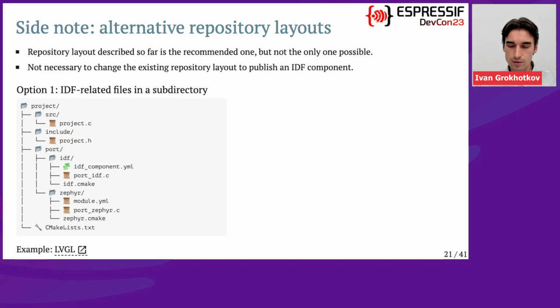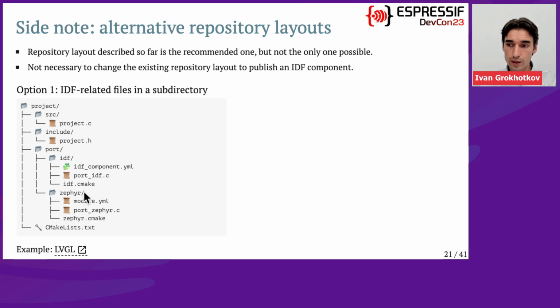In this case, you may already have source files and include files in specific locations in the repository. And if you need to add support for ESP-IDF and publish into the IDF Component Manager, then you can keep all the IDF related files in a subdirectory. In this case, you may have some maybe IDF specific port layer, the idf_component.yml file, and a CMake file.